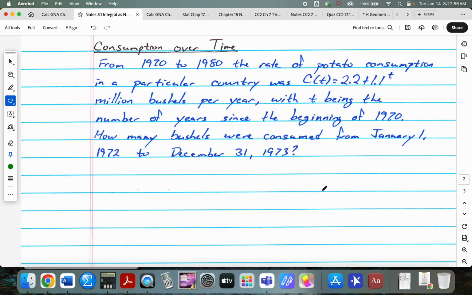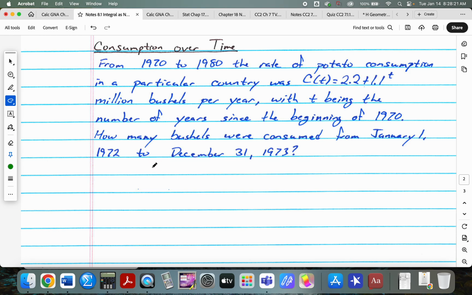How many bushels were consumed from January 1st, 1972 to December 31st, 1973? Okie dokie. So this is the rate of change in the number of bushels consumed per year.